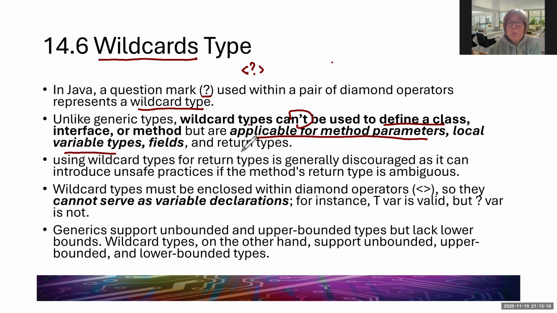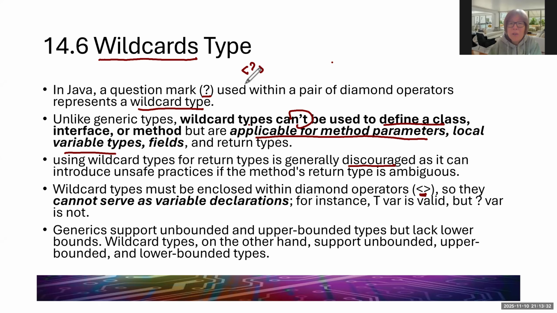Generally we don't recommend it for return type because it can cause some confusion. And when we use a wildcard type, we must use these angle brackets.